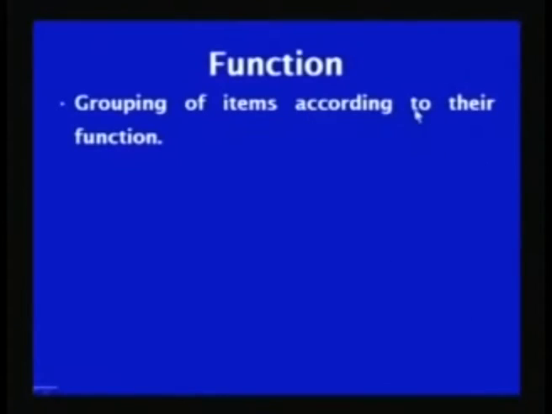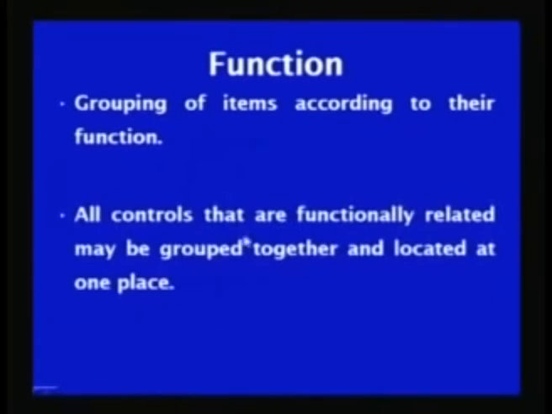Another principle which is used for locating the control devices is function. The control devices which are used for performing similar types of functions are grouped at one place. So, grouping of the items according to their functions is done according to this principle. Like all control devices functionally related may be grouped together and located at one place. For example, if some of the control devices are used for increasing or decreasing the speed or feed, then they will be grouped at one place.